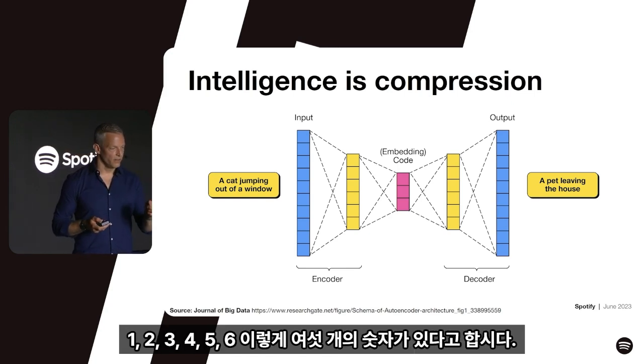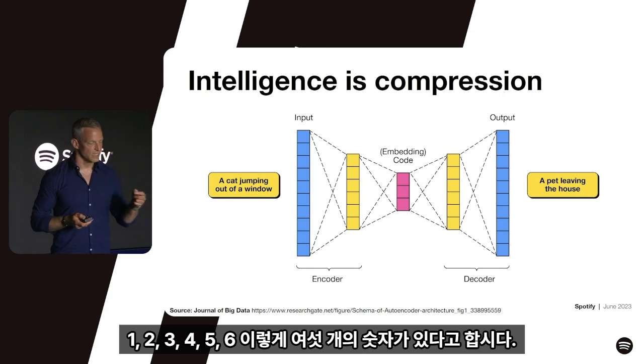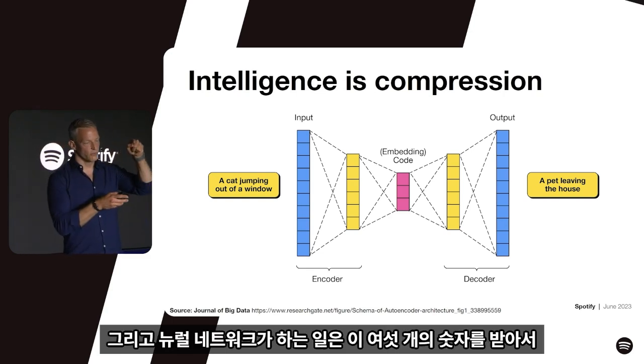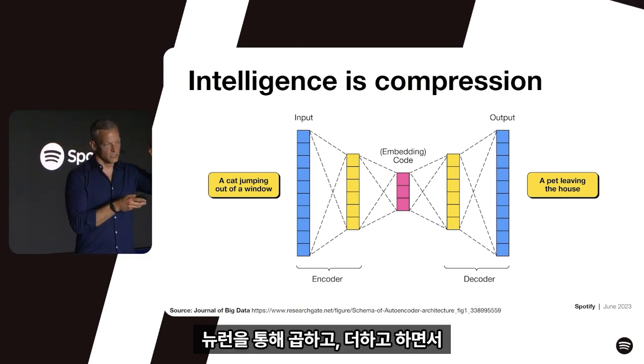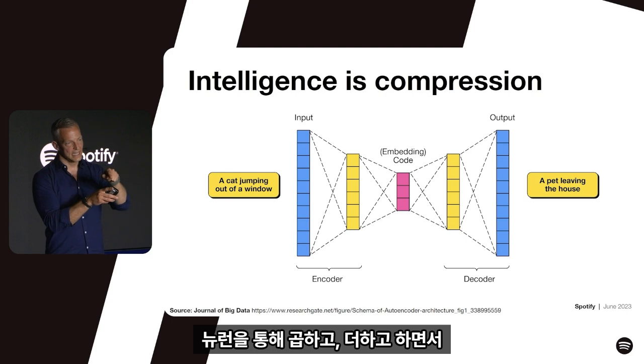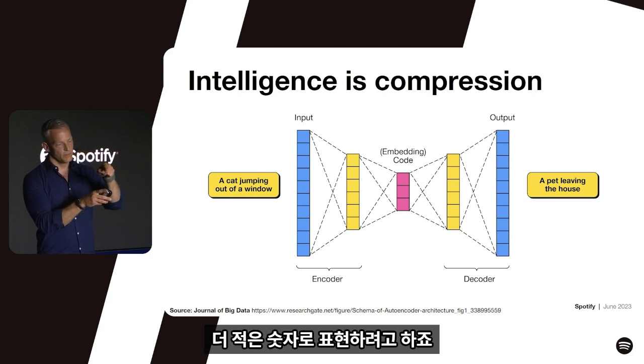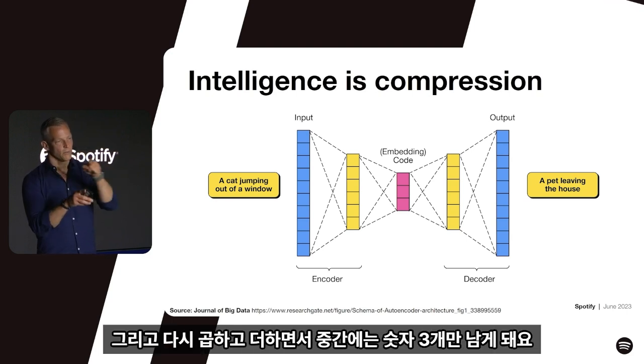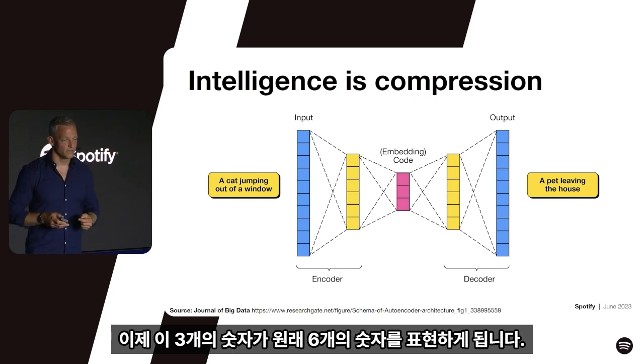So 1, 2, 3, 4, 5, 6 numbers. The neural network takes those 6 numbers, and through these neurons it multiplies and adds, and has it represented by fewer numbers, then multiplies and adds again, and in the middle it only gets 3 numbers to represent those 6 numbers.